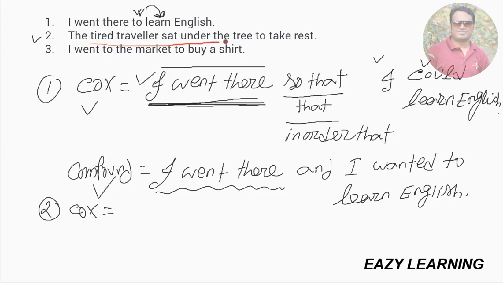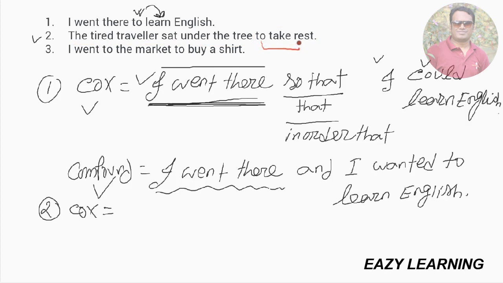This is the principal clause, and it is also past tense because sat is verb 2, that means past form. The tired traveler sat under the tree to take rest. So this is the purpose, to take rest. Why did the tired traveler sit under the tree? What is the purpose? The purpose is to take rest.